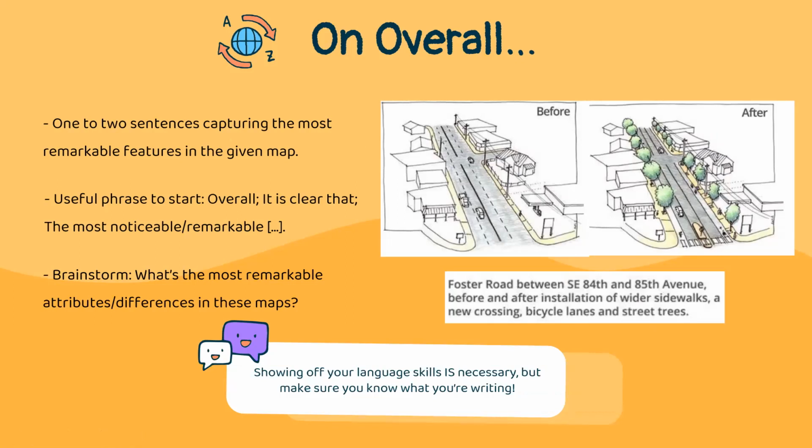Okay, so what do you think is the most remarkable difference between the maps? Well, I guess the most remarkable difference would be that there are more trees on the right picture. Yeah, right. So I could point out that firstly, overall, the road was highly developed or transformed.